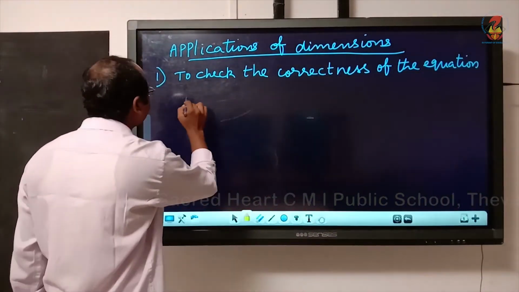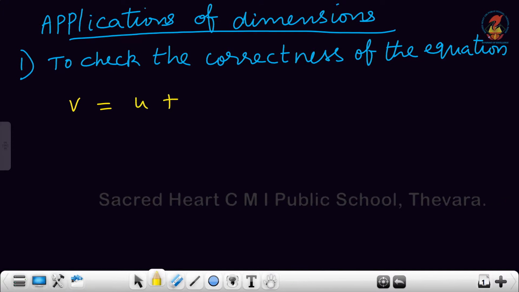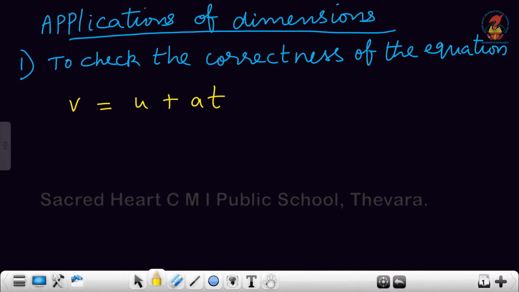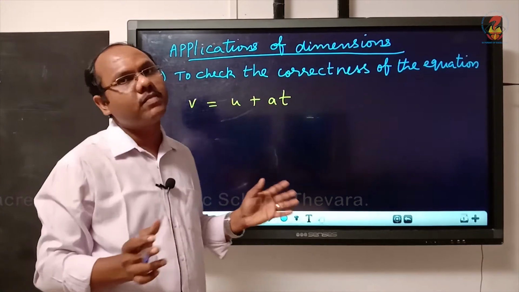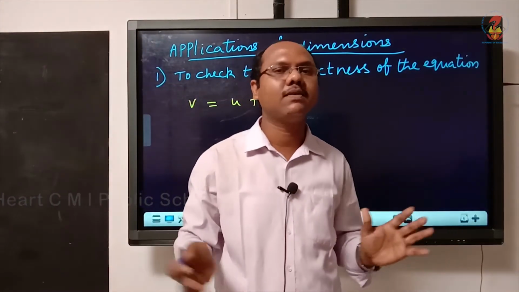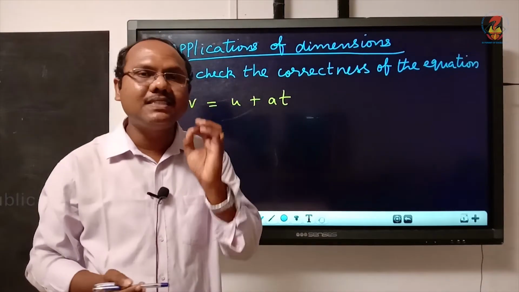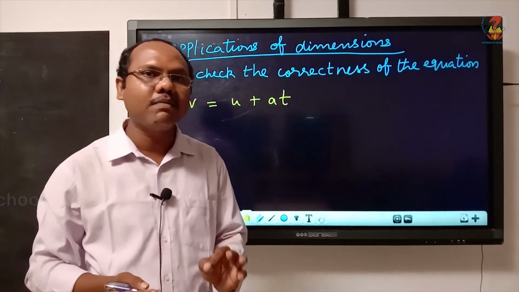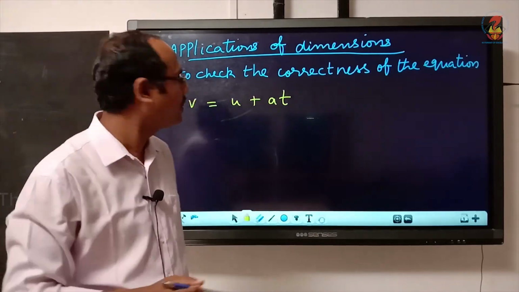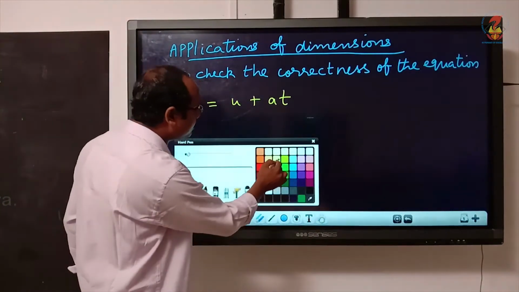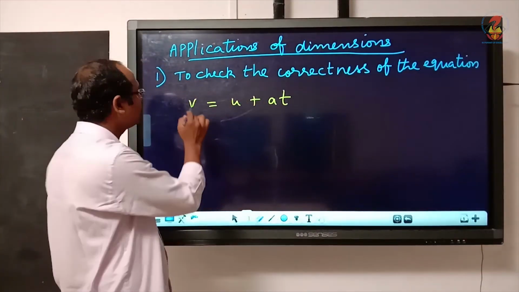I am just writing an equation, v is equal to u plus at. Is this familiar to you? Right, and you already know this equation is correct. Now how will we check whether the equation is dimensionally correct or not? How many terms does this equation have?